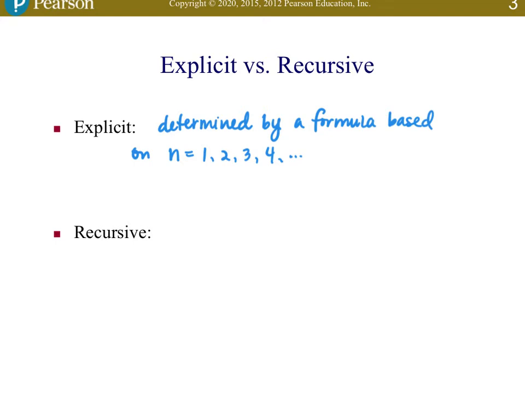So a recursive sequence is determined by a different kind of formula. And the formula is not based on a sequence of numbers where you go 1, 2, 3, 4. It's determined by a formula based on the value of the previous term.